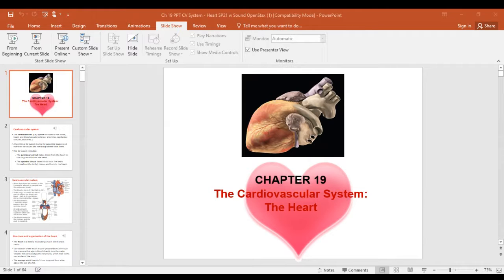And so on this diagram, these are the atria. This is the right atrium, and this is the left atrium, because this heart is facing us. So these are the upper chambers, the left and right atrium. And then down here is the right ventricle, and this is the left ventricle down here.